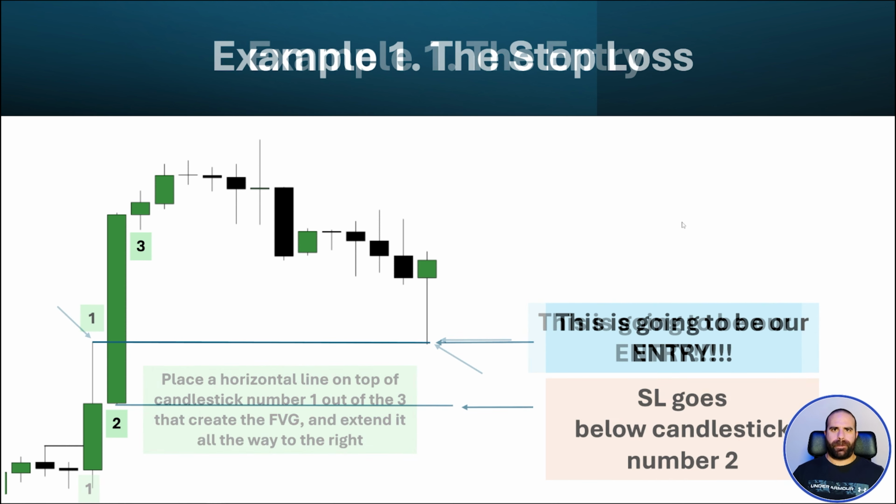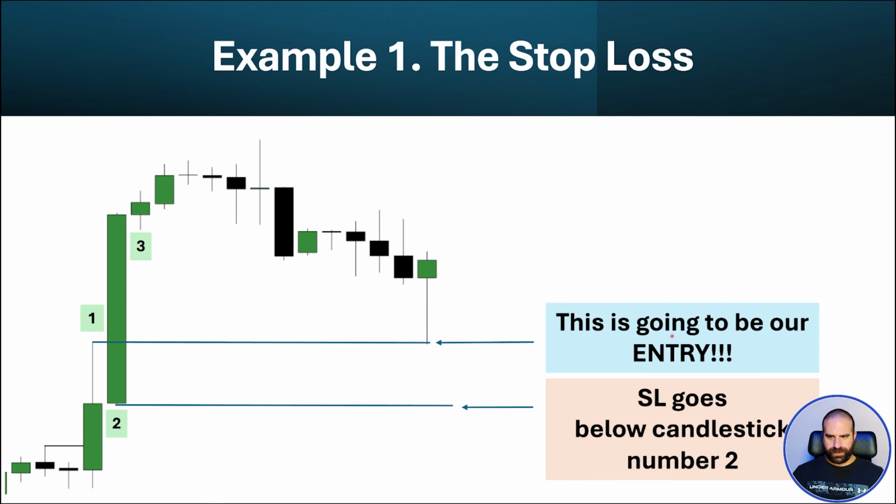Simple, guys. Now, what about stop loss? Because you might say I'm gonna place it below the low, it is gonna be a huge stop loss. No, if you use this strategy and it works out, because of course it will have losses, then you will place your stop loss below the low of candlestick number 2.